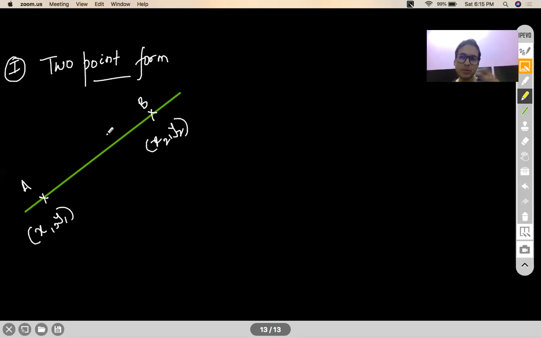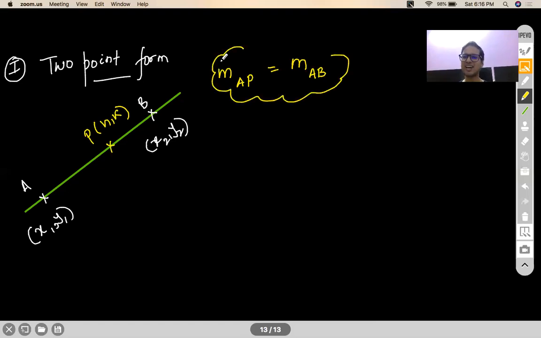I claim that the equation of this line is the locus of a set of points P, which moves in such a way that it maintains the same slope with A as A maintains with B. That means P is always satisfying this criteria. If such a point traces a path, then that path has to be the line connecting A and B. Do you agree with me on that or not?